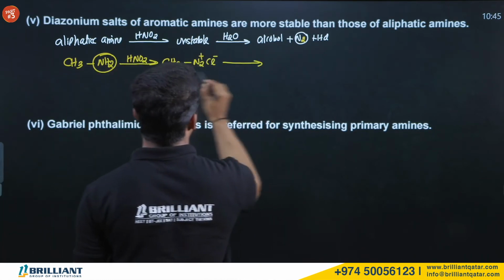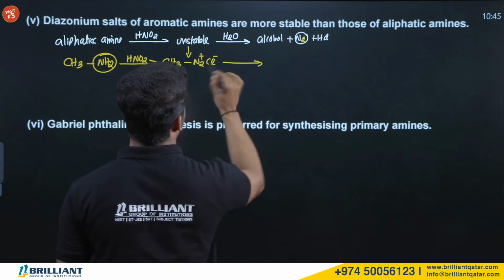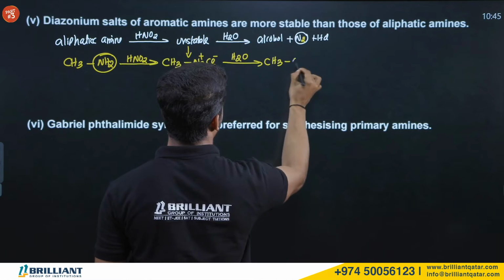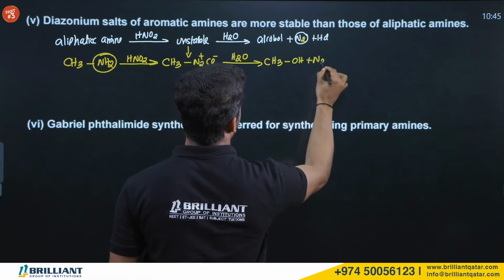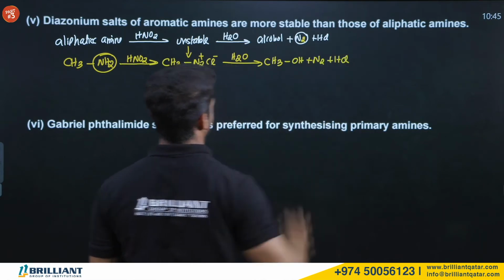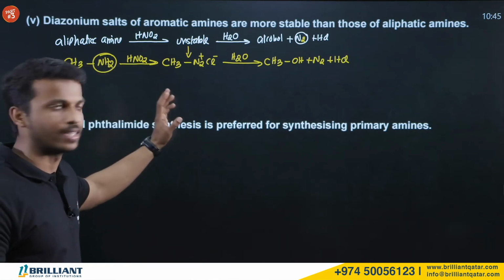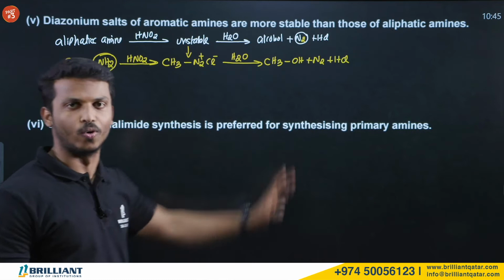I told you this is very unstable. It immediately reacts with water and gives you CH3OH along with nitrogen gas and HCl. So when an aliphatic amine is treated with nitrous acid, you can confirm your product is an alcohol.